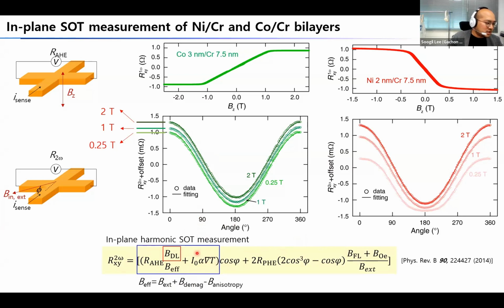The important point is that the damping-like effective field, this B_DL, has an external magnetic field dependence, but the thermal contribution has no dependence on the external magnetic field. So we can extract the effective field of the damping-like torque from this measurement.